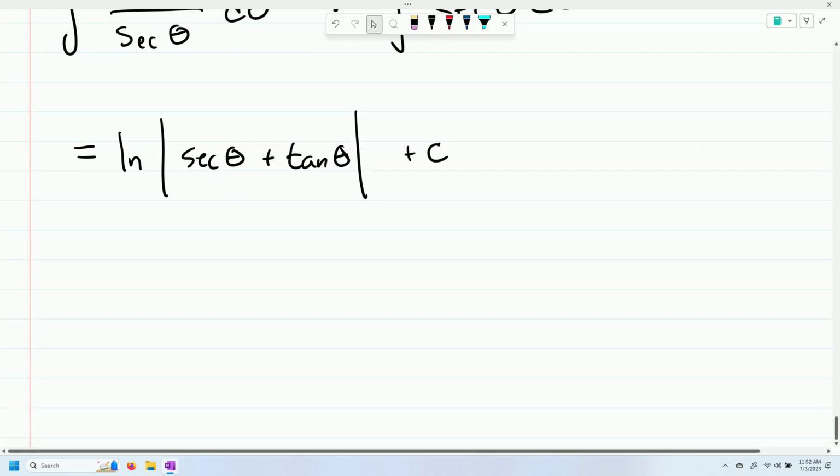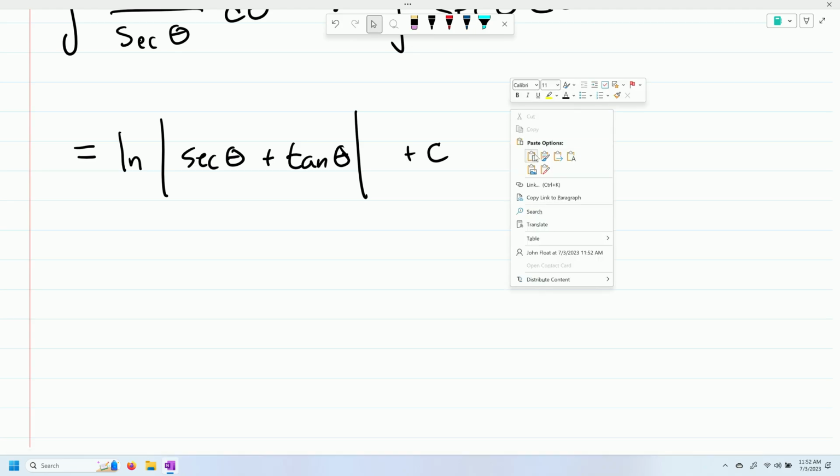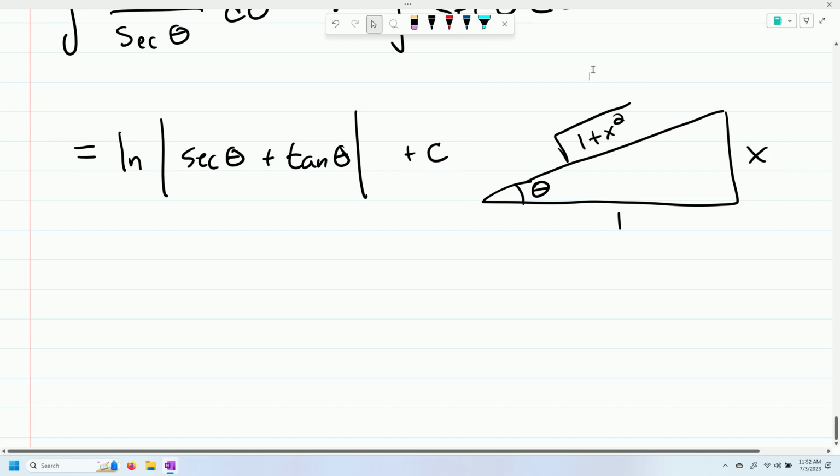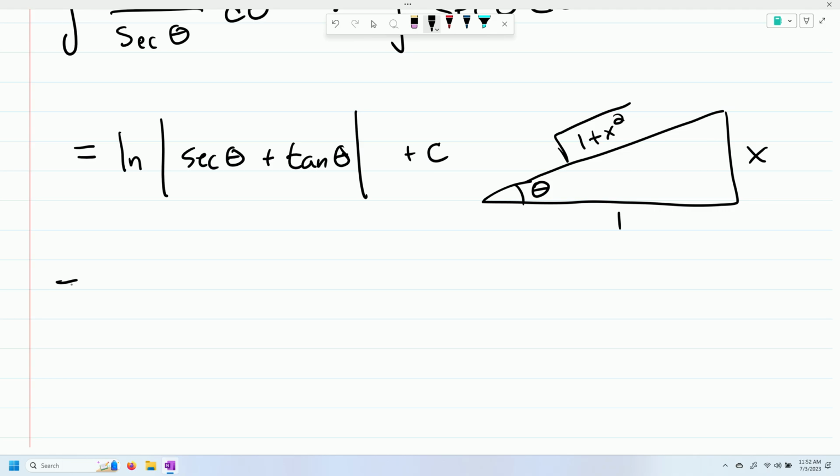And hopefully, I still have our reference right triangle, which is right there. Because now we can just go ahead and make our substitutions, okay? So the natural log, let's see, your secant theta is hypotenuse over adjacent because it's the reciprocal of cosine. So it's the hypotenuse over adjacent.